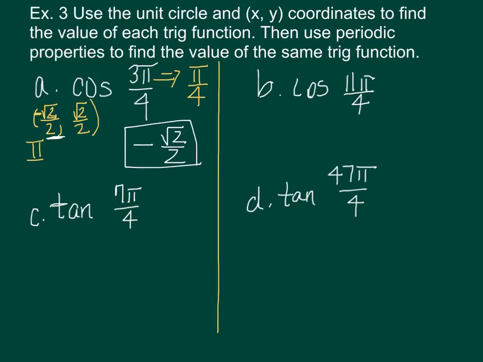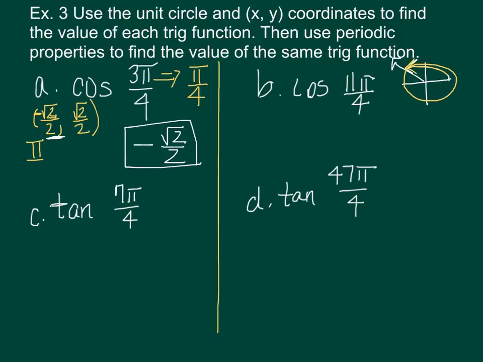Well, 11 pi over 4, because here's 3 pi over 4. 11 pi over 4 is found by going a full 2 pi units to get right back there.